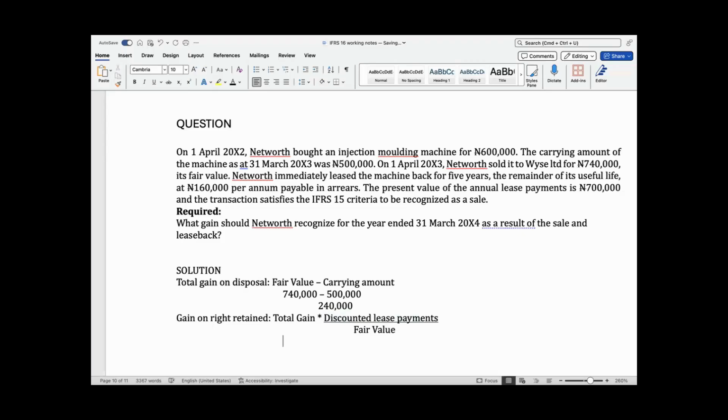The total gain is 240. What's the discounted lease payments? 700. What the fair value of these assets? 740.